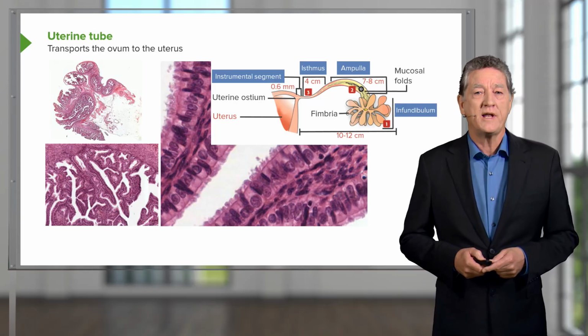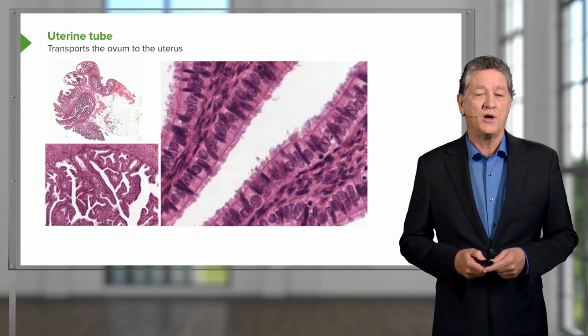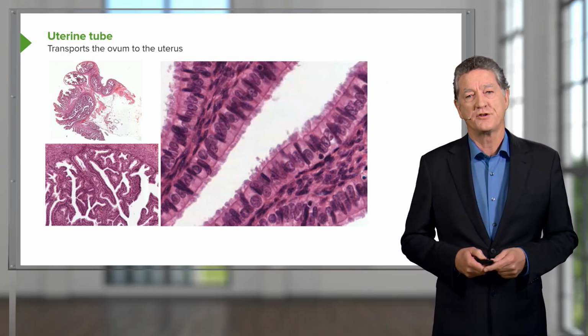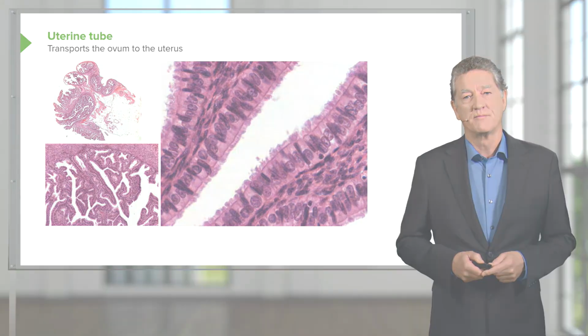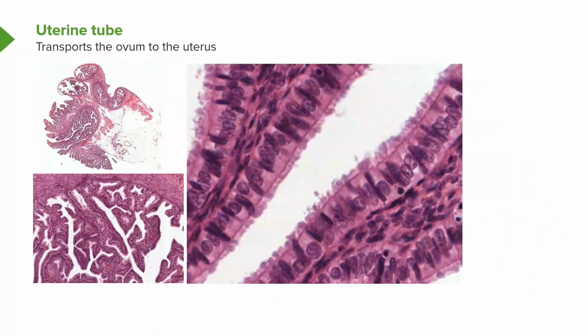Well, what happens now is that the oocyte enters into the uterine tube. And on this slide, you can now see there are 3 sections through the uterine tube. The top left section is the uterine tube cut in very low magnification. And you can see various components in a higher magnification. The uterine tube has a very thick muscular wall.